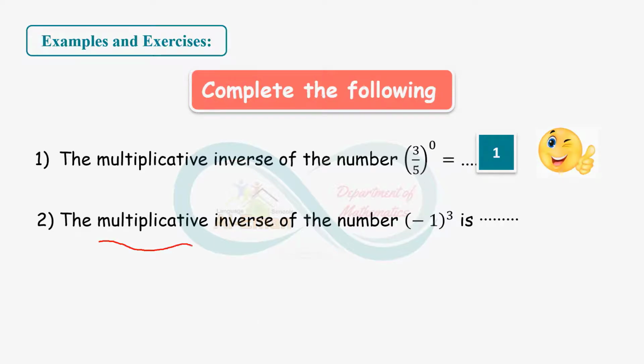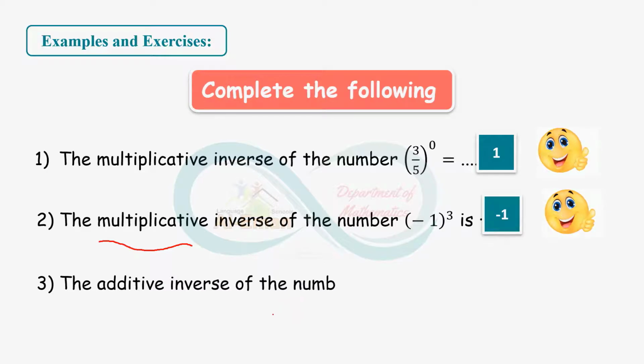Multiplicative inverse, yes, -1. Question number 3: the additive inverse of the number -3 over 5 all to the power 2 is... The additive inverse is the number that, added to our number, gives 0.